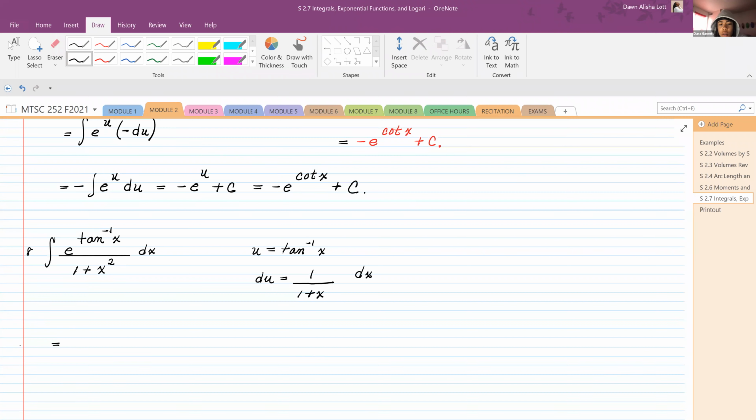You can leave it just like it is though, darling. Look, this is dx in the numerator over top of 1 plus, oh shucks, that should be x squared. Okay, so it's already there. You don't have to do anything. Keep going. You then would change it to e to the u, du.